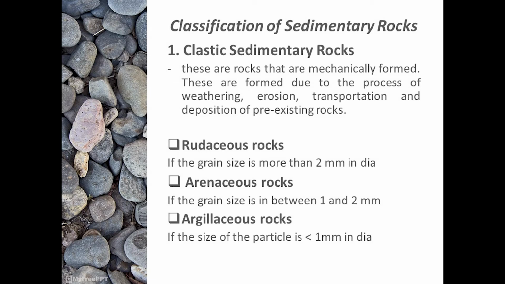If the grain size is more than 2 mm in diameter, it is considered rudaceous rocks. If the grain size is between 1 and 2 mm, it is considered arenaceous rocks. And if the size of the particle is less than 1 mm in diameter, it is considered argillaceous rocks.